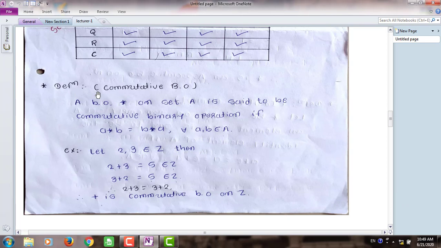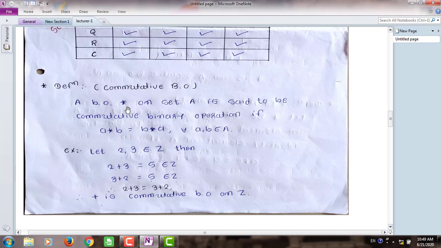Next, the definition of a commutative binary operation. We know what is called a binary operation. Now we will see the commutative binary operation. First we define the commutative binary operation.